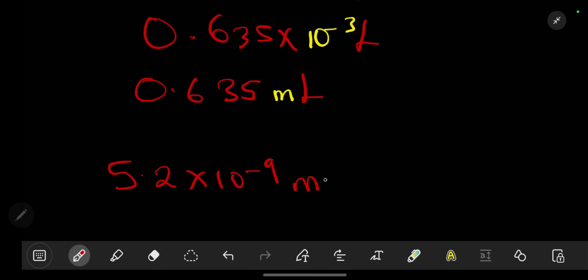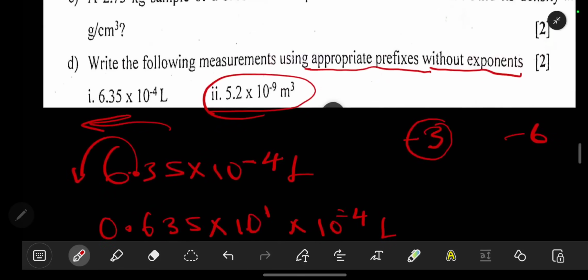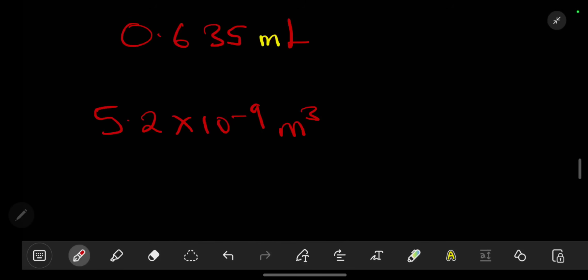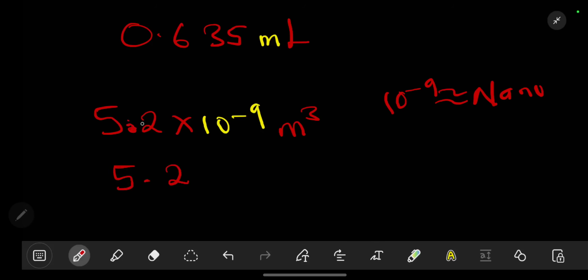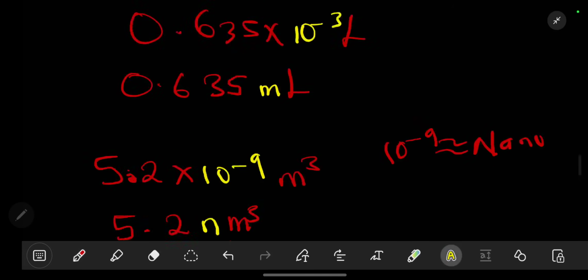So we know that 10 to the power negative 9 is a nano. So this will be 5.2, and it's direct. Where there is 10 to the power negative 9, we are going to put nano, small n. Then we have the meter to the power 3. So this is what they want you to show.